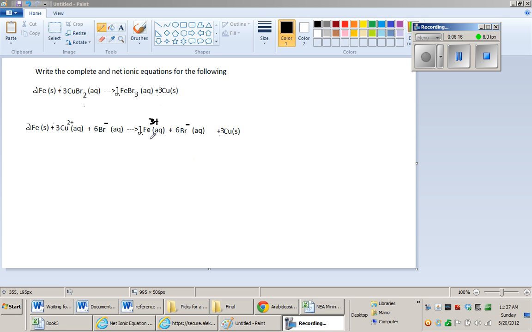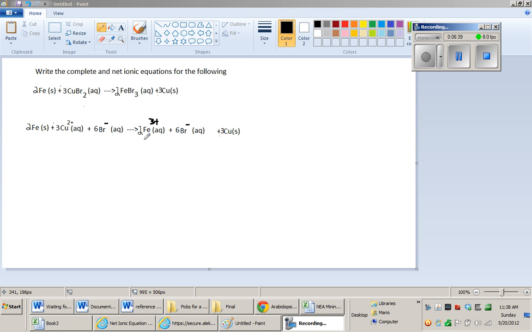Notice that the charge is balanced here, right? In the reactants, I have 3 times 2, that's plus 6 positive charges, and 6 times negative 1, negative 6 charges. So 6 minus 6, 0 overall charge in the reactants. It's the same over in the products. It's an overall charge of 0.